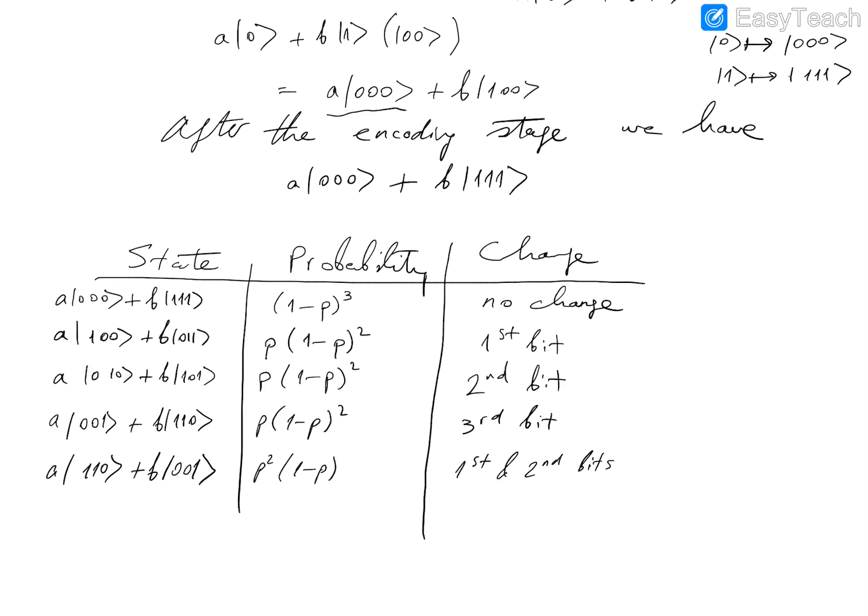Another case would be that first and third bits are changed. So a|101> + b|010>. The probability of having this state is the same, p^2(1-p).